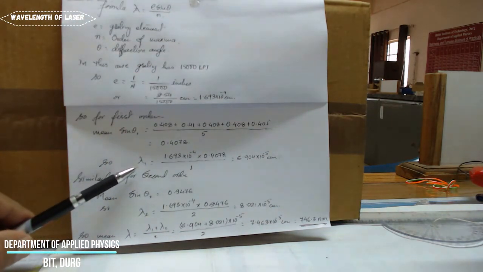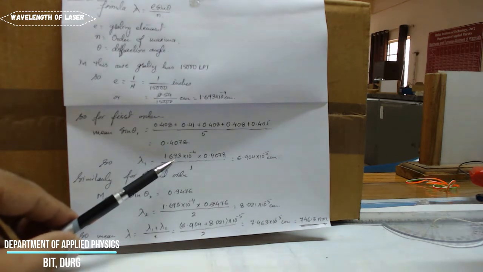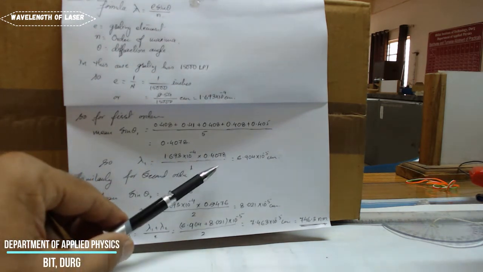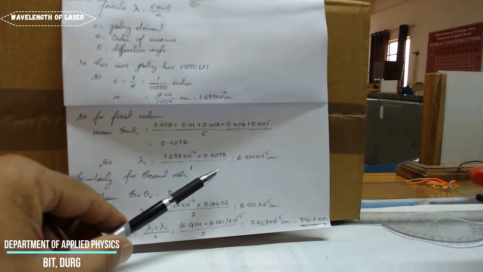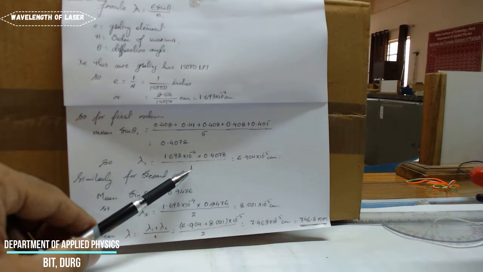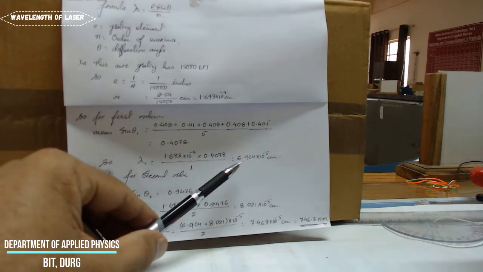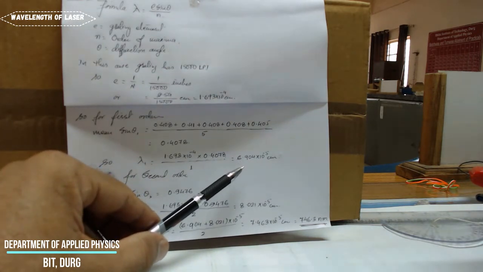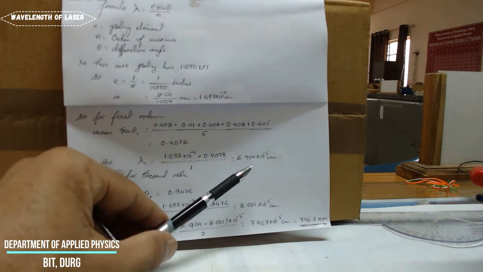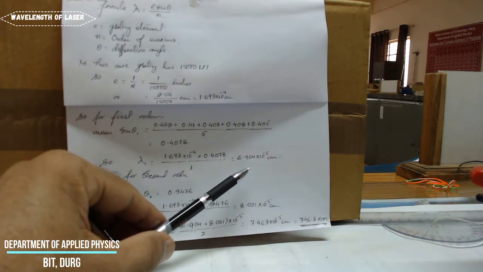Lambda 1 is equal to e, that is 1.693 into 10 raised to minus 4, multiplied by the mean value of sin theta, that is 0.4078, divided by n. Because it is the first order spectra, the value of n is equal to 1. The value comes to be equal to 6.904 into 10 raised to minus 5 centimeter or 690.4 nanometer.